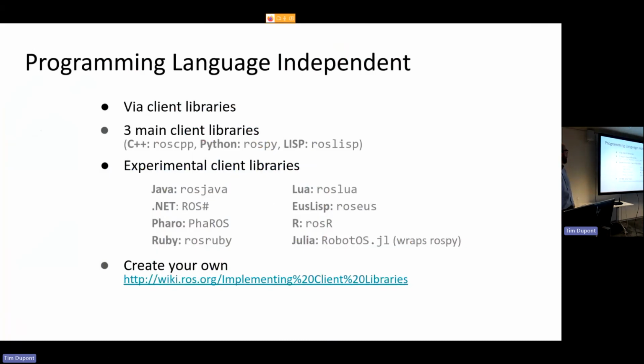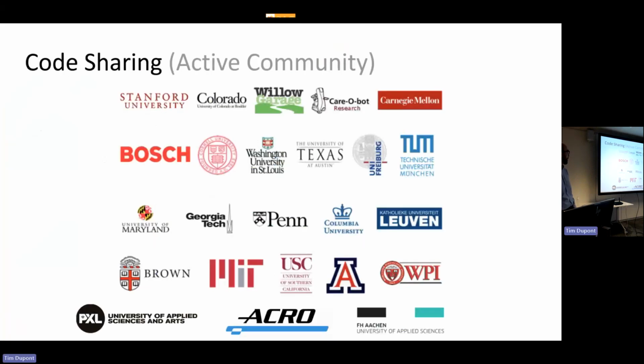Already mentioned, so language independent. Standard, there are three main libraries, C++ and Python. Those are the most used. Of course, there's also Lisp. A lot of other libraries, you can create your own. So if you have a very cool programming language you use internally in your company, you can just write bindings to ROS and use the standard system that way.